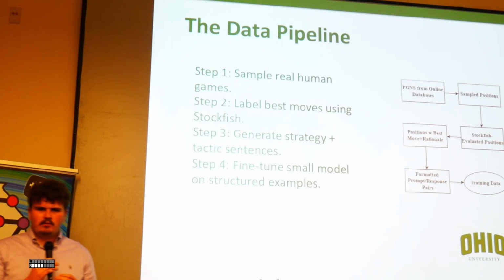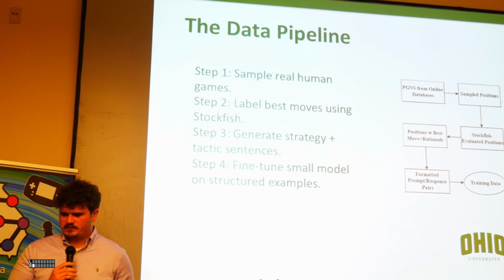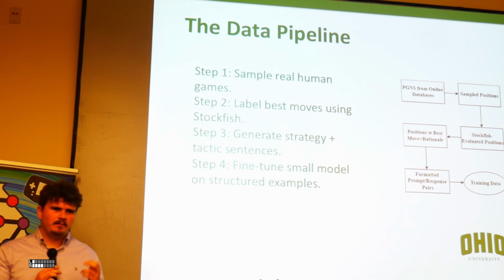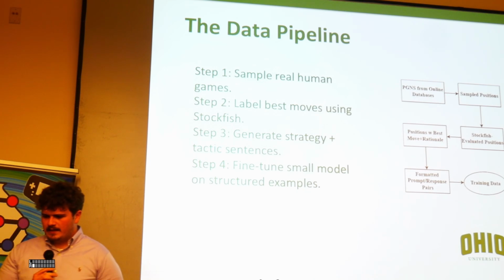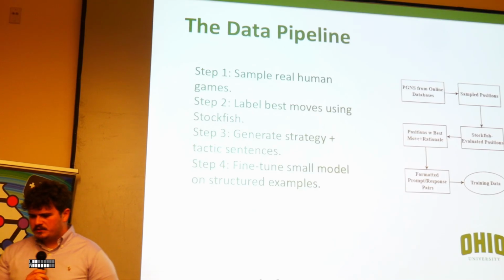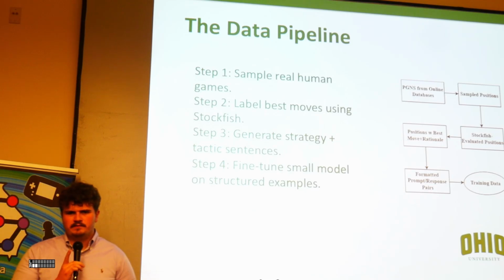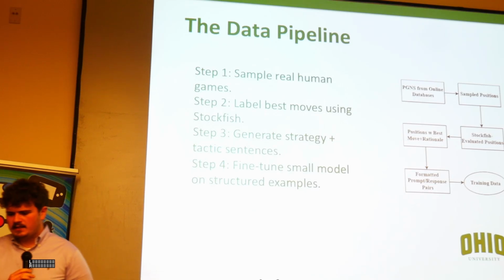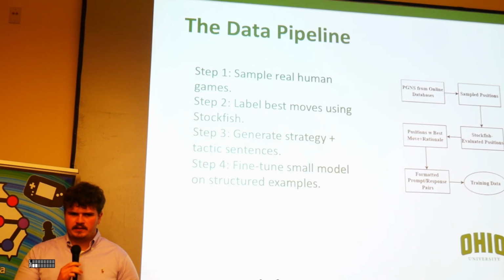We label the best moves in those given positions using Stockfish, which is among the stronger engines today. We label the best move and we label the next few best moves. Then we generate a strategy and a tactic, one sentence for strategy and one sentence for tactic. We do that automatically, and I can explain a bit more about that in a second.